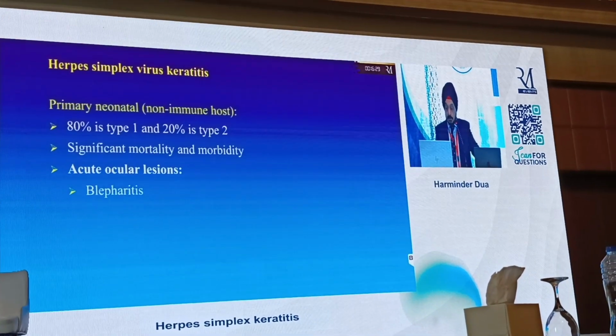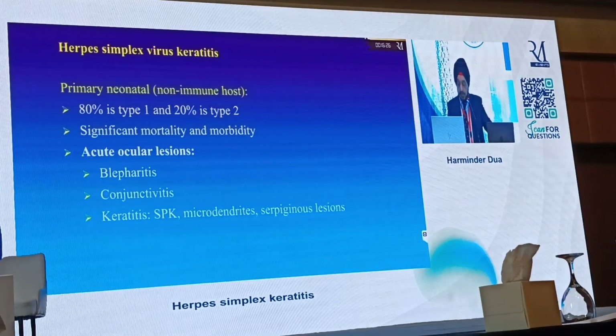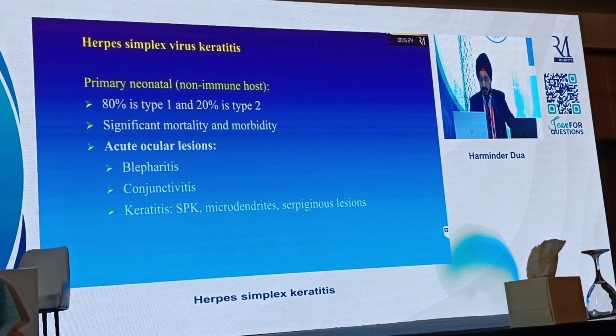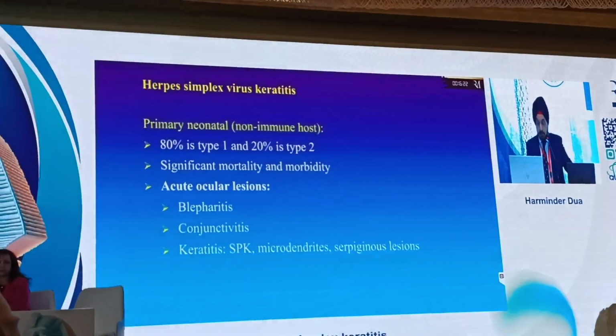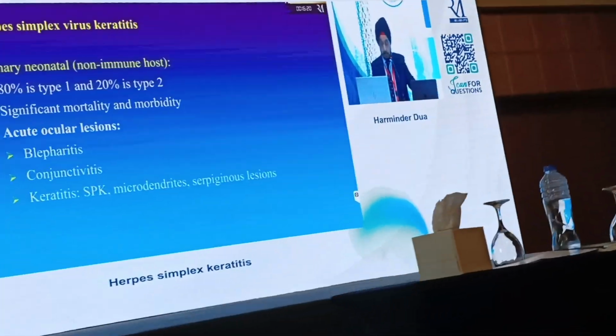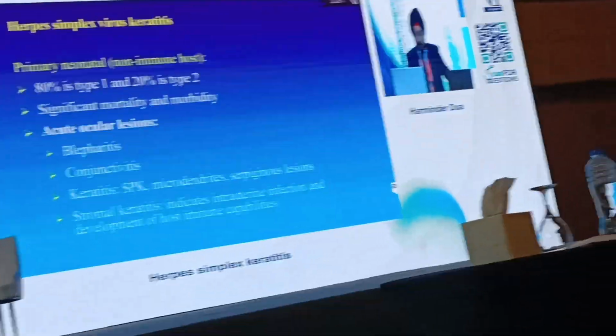The acute lesions that we will see affect almost every part of the eye, the adnexa, the cornea in the form of microdendrites or serpiginous lesions of geographic keratitis, and you can get stromal keratitis.